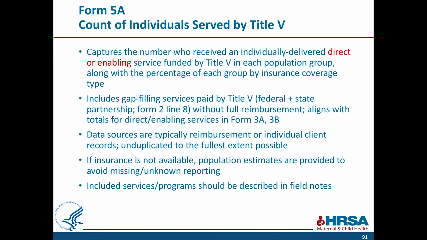We also made some changes when we get to Form 5B. As you remember from the last guidance, we talked about Form 2, Line 9, which was under the administration of the Title V director. We recognized that that was not really accurate.